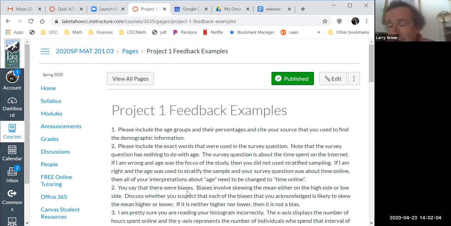You've already decided who to ask based on stratified sampling or cluster sampling. Almost all of you are going to ask online because we're in weird times right now. If you each ask 11 people, that's perfect, because that's more than 30. If one person asks 16, the other person asks 15, and there's two of you, that's fine too. It has to be more than 30 though. So that's just a note about the project.